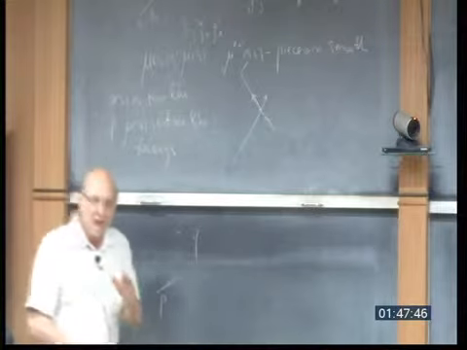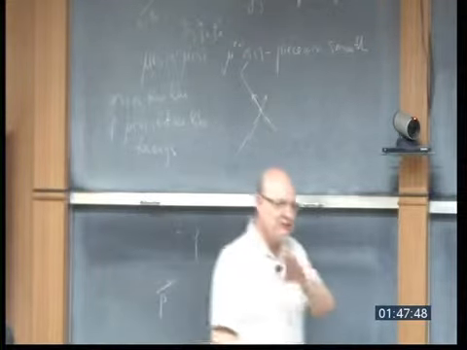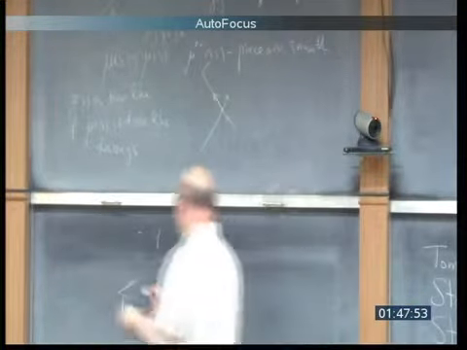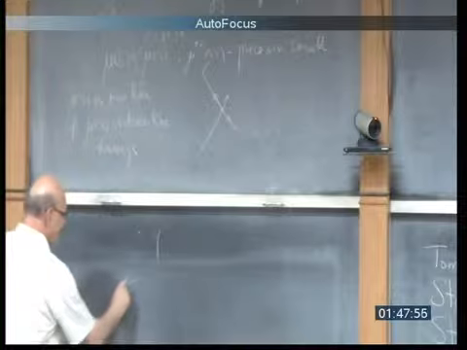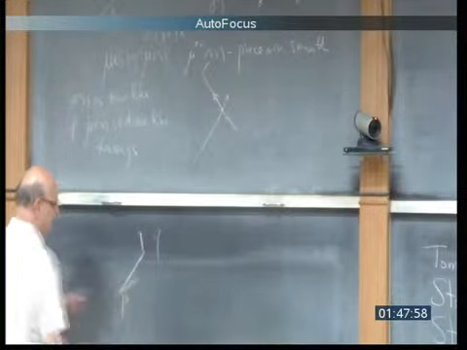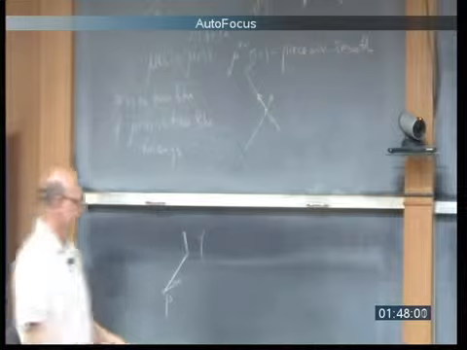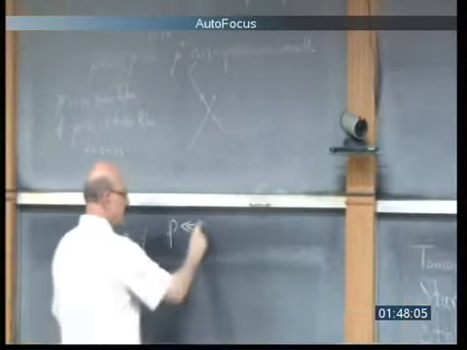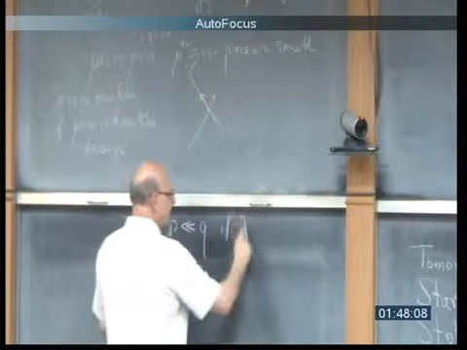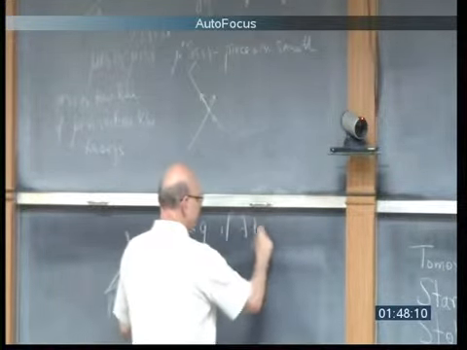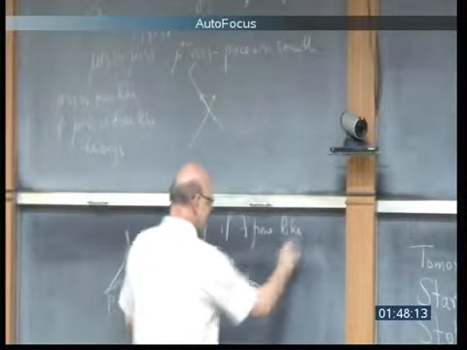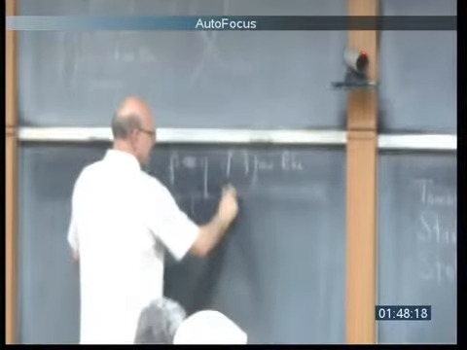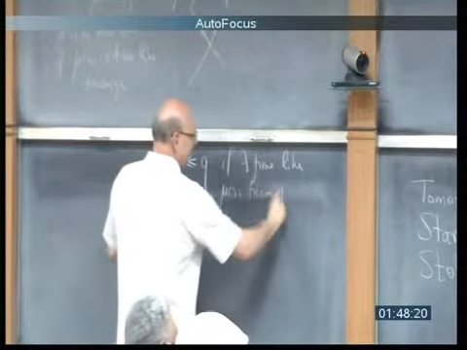To be honest, we will never bother about space-like curves because they're not physical. You see, I try to show that it's time-like. So we say that P is much less than Q if there exists a time-like piecewise smooth curve, more or less, from P to Q.